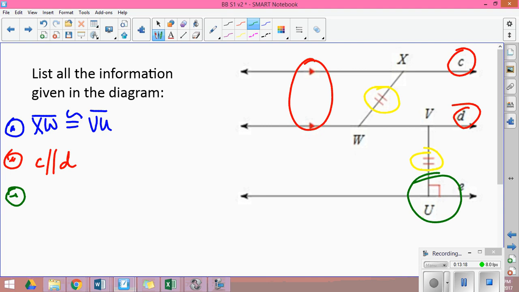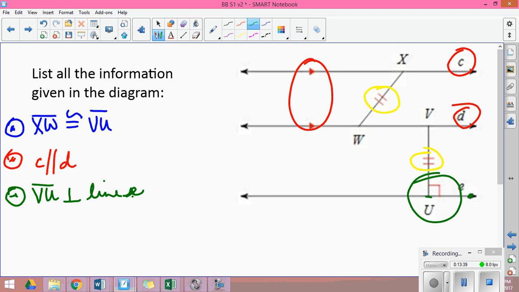I can say that VU is perpendicular to line E. We don't like to do that. That's not a great one with the points and the lowercase, but it is what we're given. So we can write that. We can also talk about this as being a 90-degree angle.